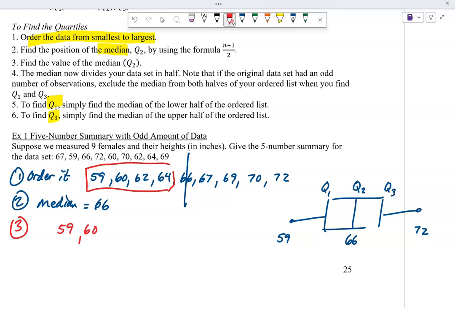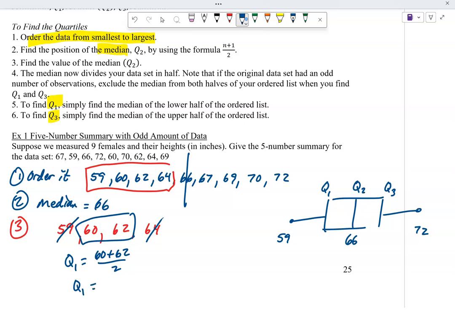And so what we're going to do is find the median of those. So first and last, it looks like there's 2 in the middle. So the quartile 1 would be their average. 60 plus 62 divided by 2 is 122 divided by 2, 61. So that 61 goes right there.